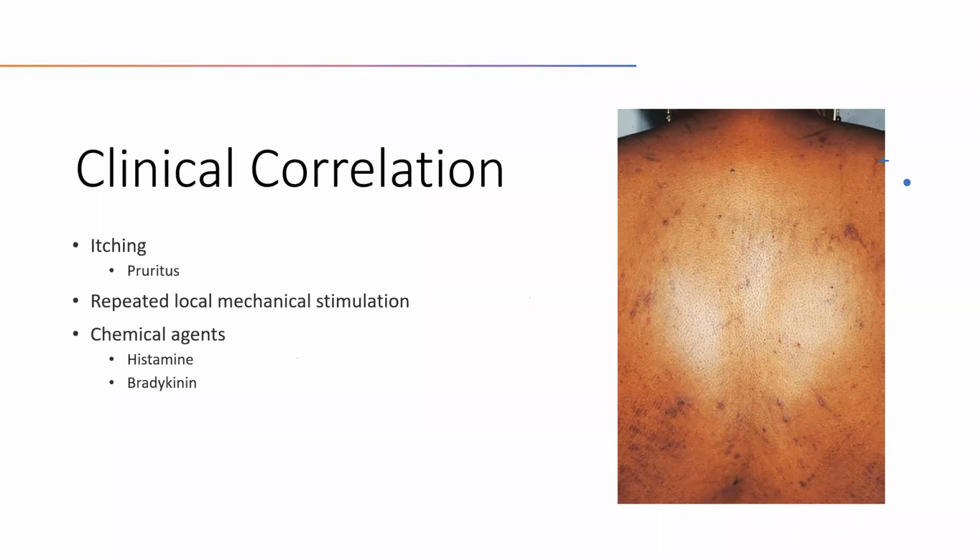For healthy individuals who have no problems, itchiness is not a problem. But severe itching can happen in medical conditions, for example, chronic kidney disease or liver disease or atopic dermatitis or even HIV patients, they may manifest as severe itching or pruritus.